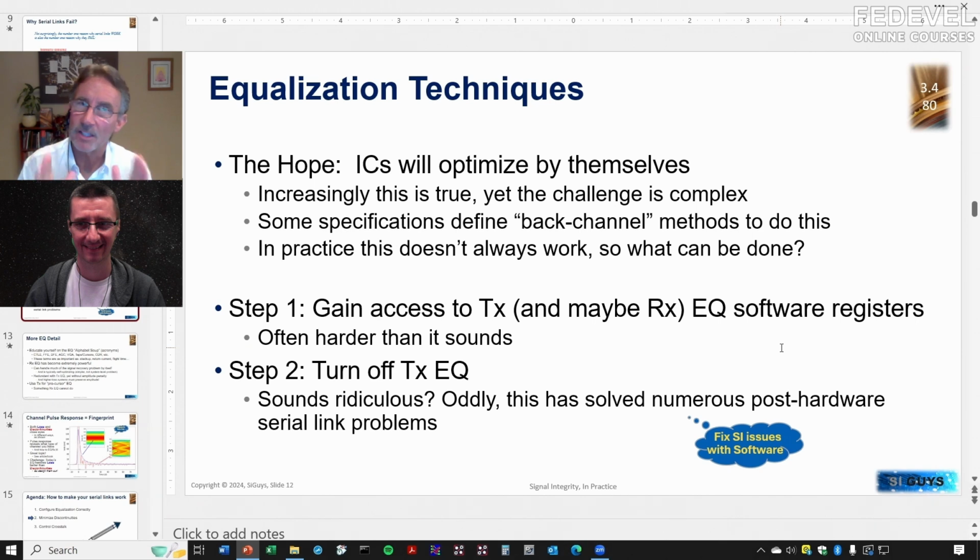So oddly enough, because receivers are so talented and such good technology, if you can get to that TX register and shut that off so that he's just sending a signal, the best amplitude signal into the system that he can do. Equalization hurts his amplitude, to put it simply.